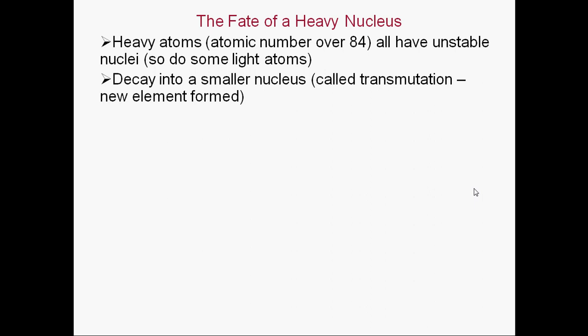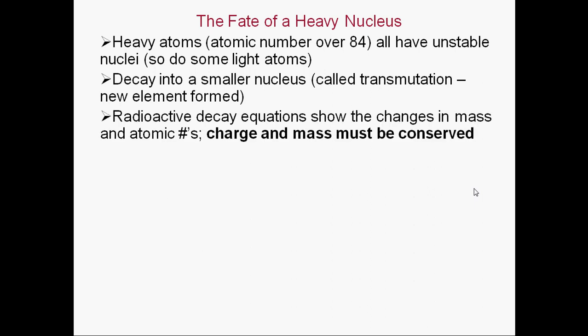Then the electrostatic force wins out, and we get this nuclear decay and something called transmutation, which basically just means that the atom decomposes and turns into a different element. Now, we can represent this process using a radioactive decay equation, or an equation to describe a nuclear reaction.